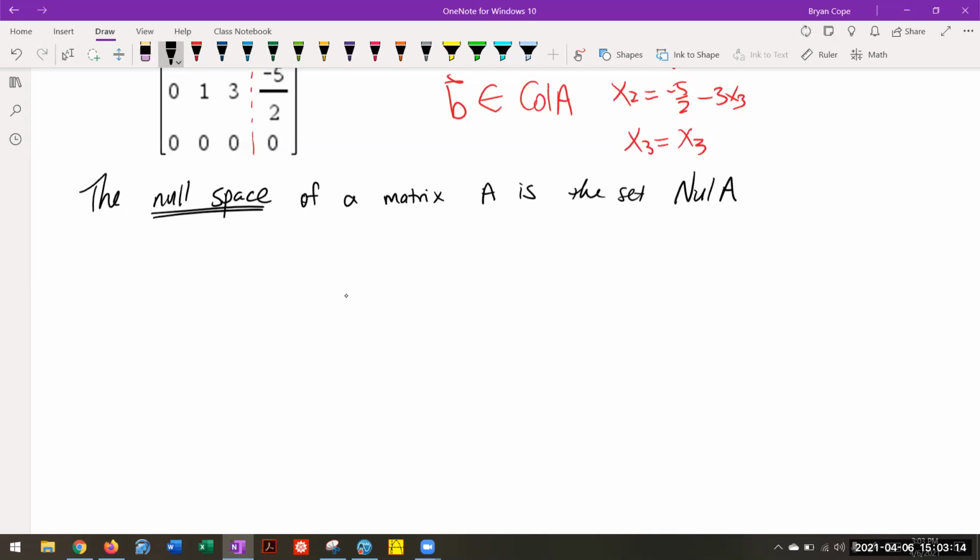The null space of a matrix A is the set null A of all solutions of the homogeneous equation AX equals 0.